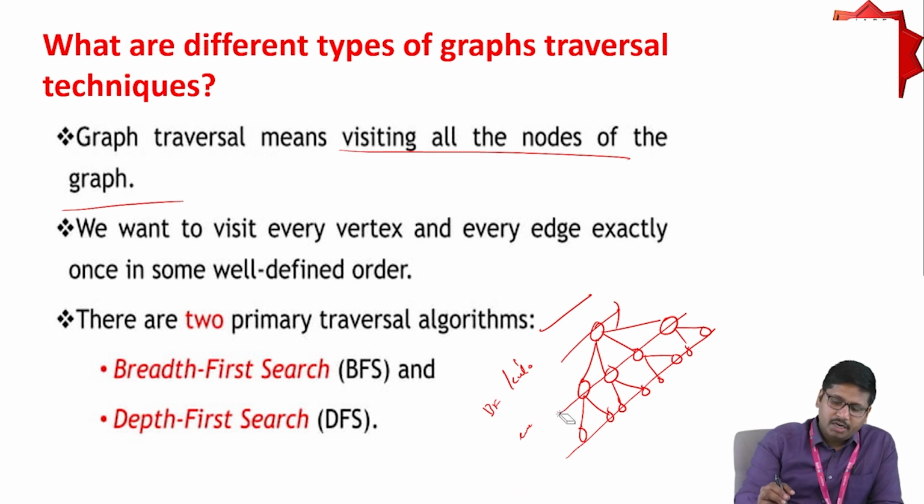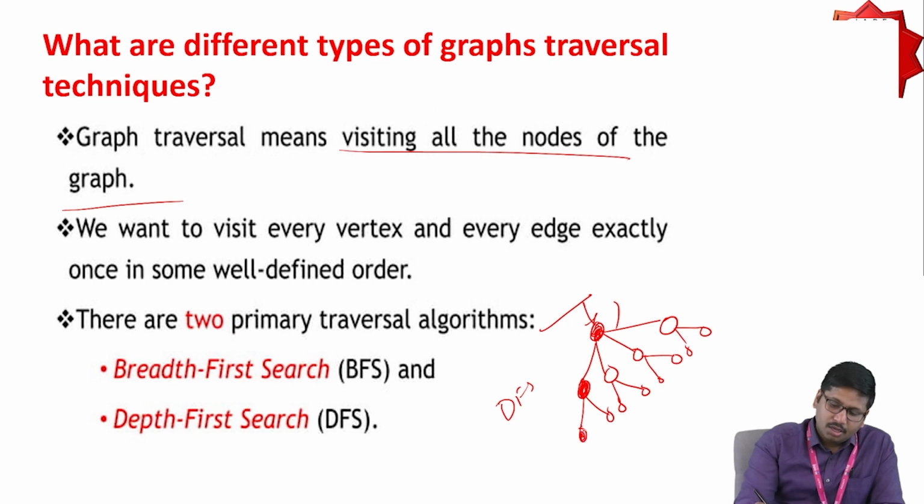DFS means that first we visit this node, and next we visit this node. Every time we visit only one node at a time, and we have to perform backtracking, and then visit the next level nodes. Then again you perform backtracking and visit the next level, and next one is this, and again you perform backtracking and come down to the next level.